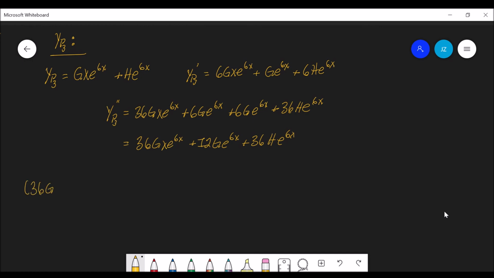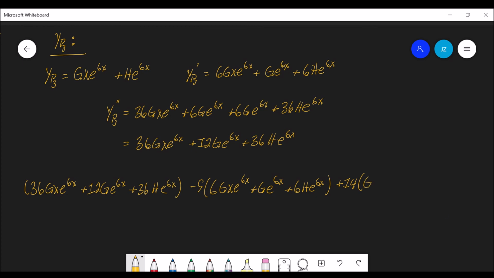So we have 36gxe to the 6x plus 12ge to the 6x plus 36he to the 6x minus 9 times 6gxe to the 6x plus ge to the 6x plus 6he to the 6x plus 14 times gxe to the 6x plus he to the 6x.